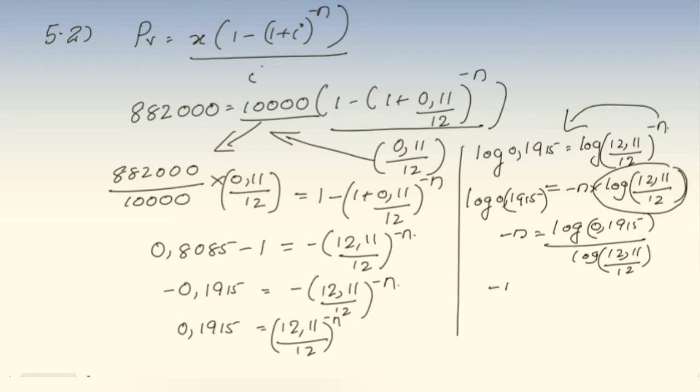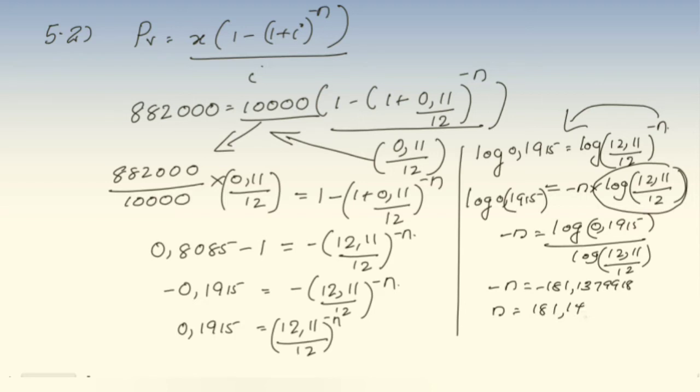That is minus n is equal to minus 181.1379918. So minus minus is going to be cancelled. So n is equal to 181.14. This is the answer.